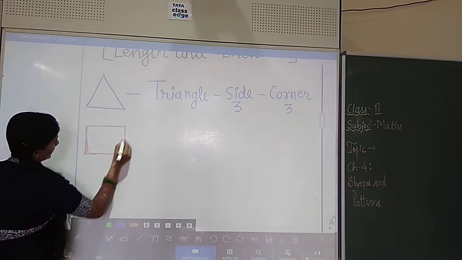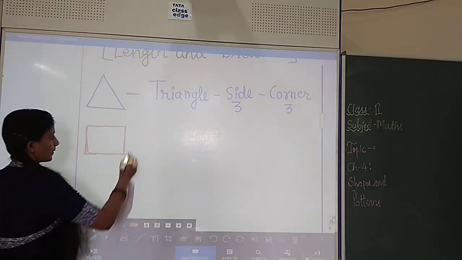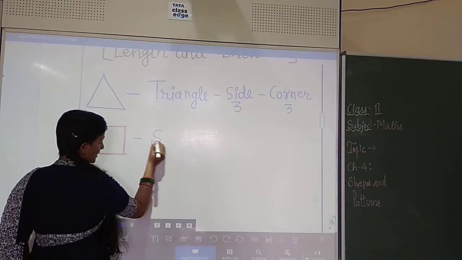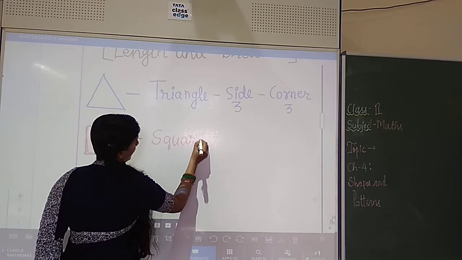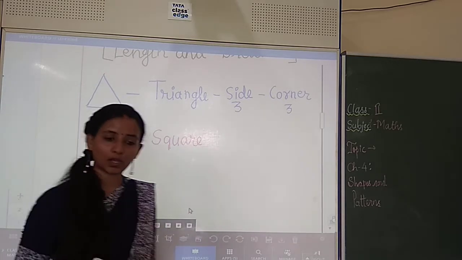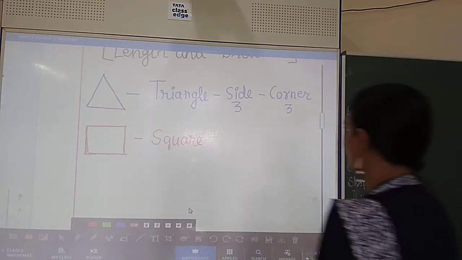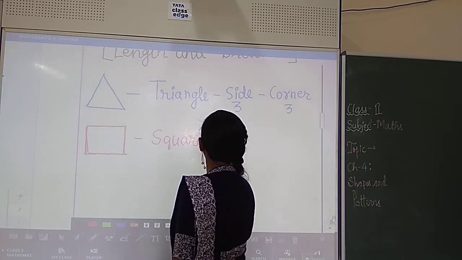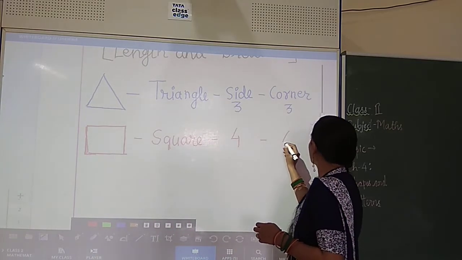All sides are equal in the square. What is the spelling of square? S Q U A R E, square. And square has 4 sides and 4 corners.